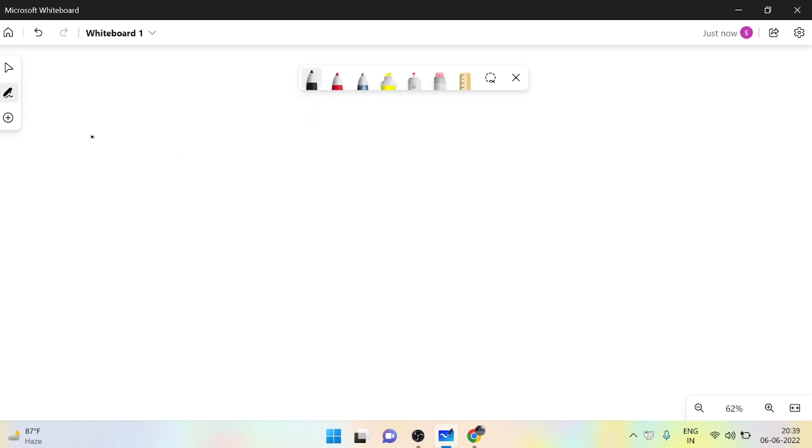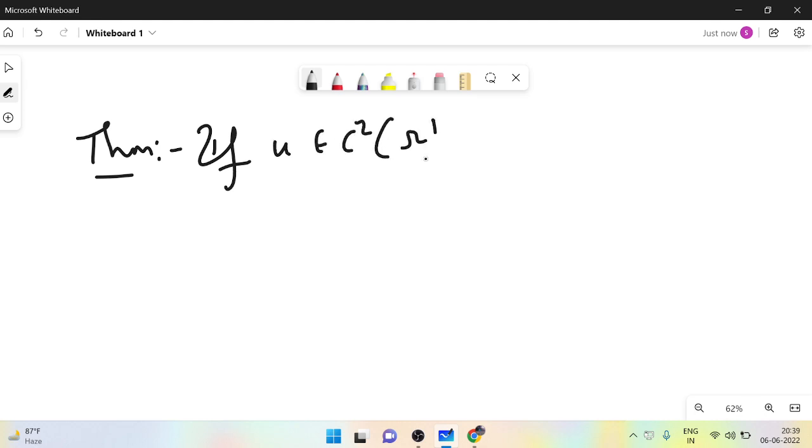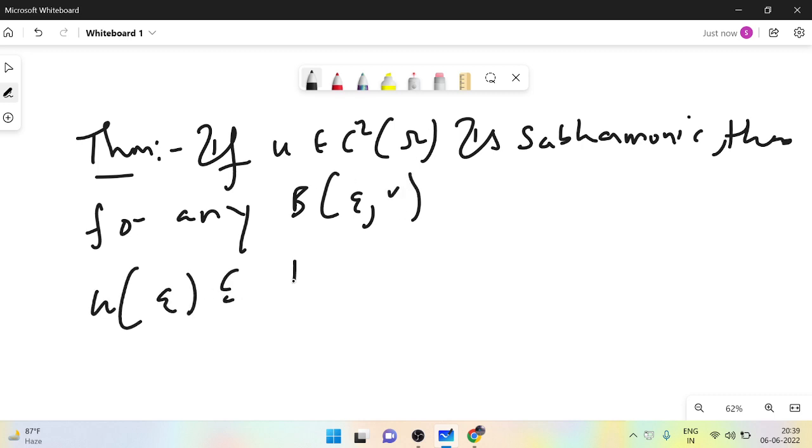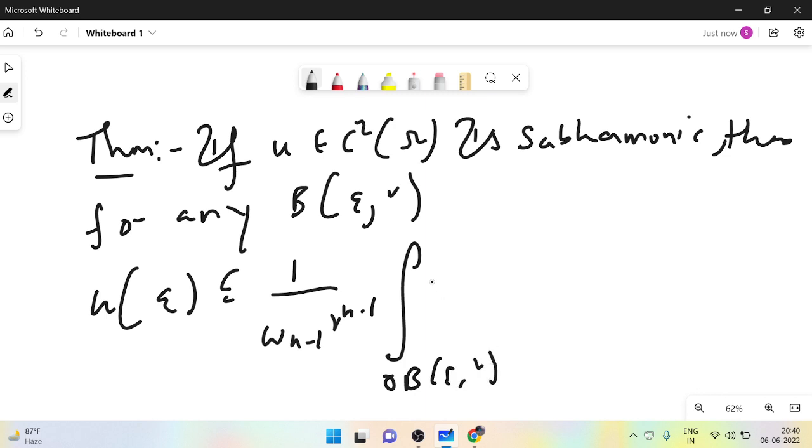So, theorem. If u belongs to C2 of omega and is subharmonic, then for any ball around epsilon, u of epsilon is compared to 1 by omega n minus 1 r n minus 1 times the integral over the boundary of the ball of u of x.